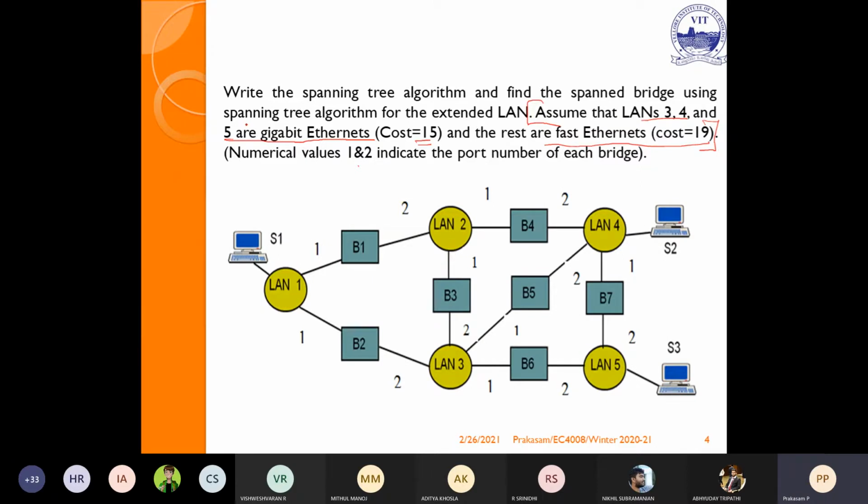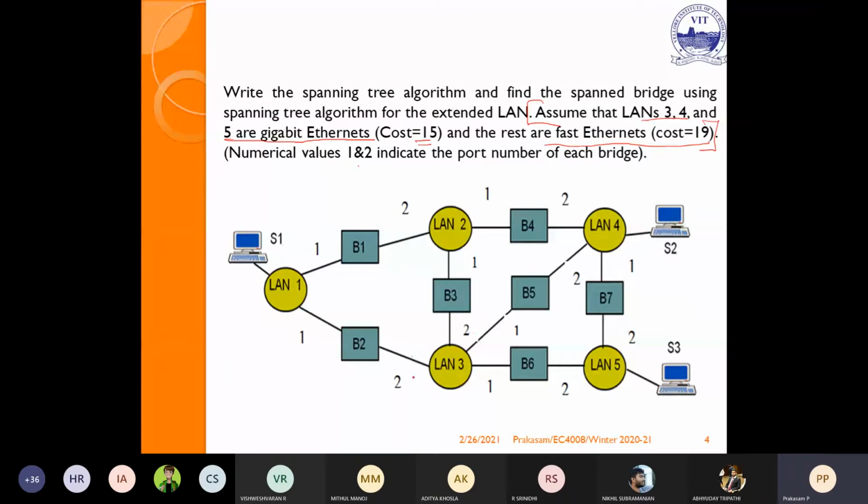So LAN 3, where is LAN 3? This is LAN 3. LAN cost means it is a linking cost. From that particular LAN, we have different links to different bridges. All those linking costs are nothing but the LAN cost, because there is a separate cost for the LAN. It is going to link with the neighboring devices.